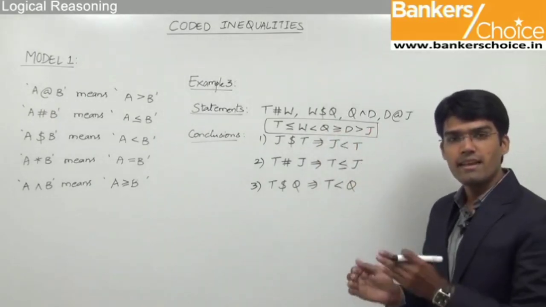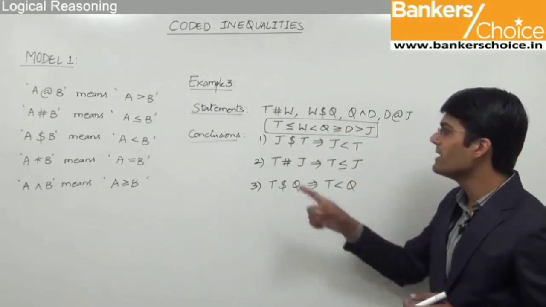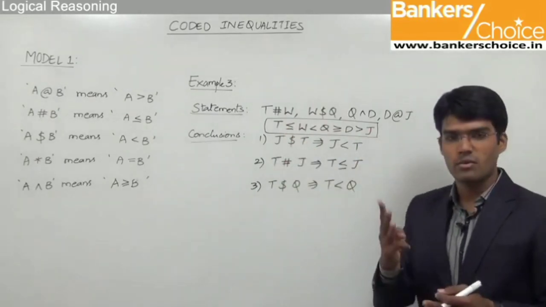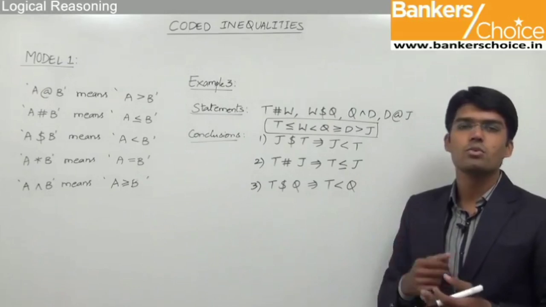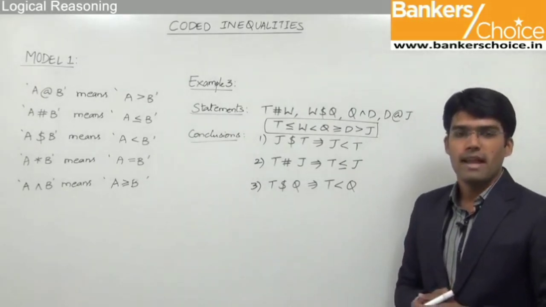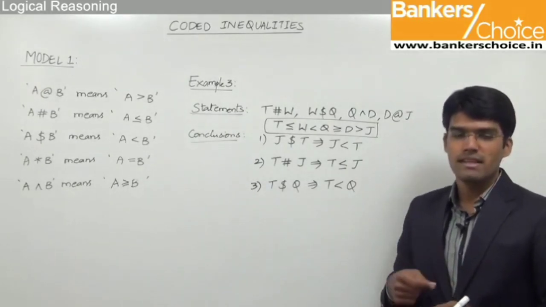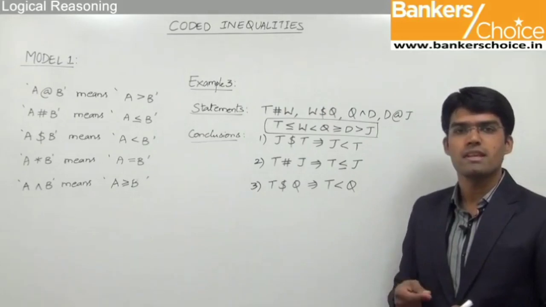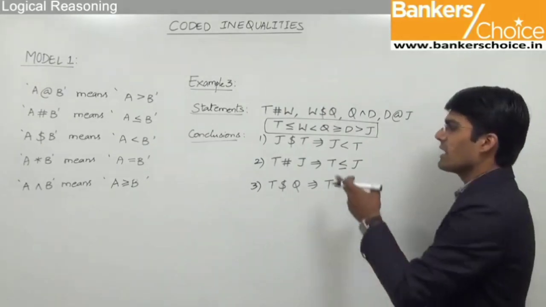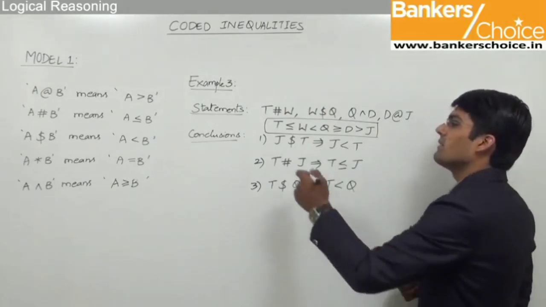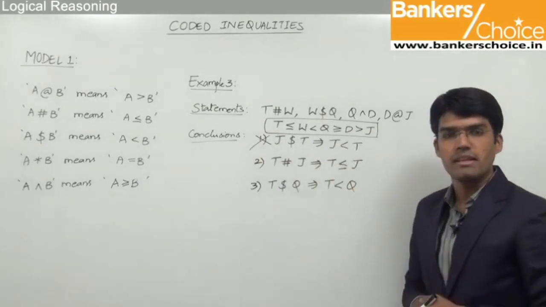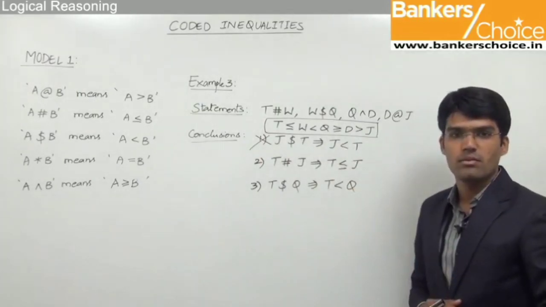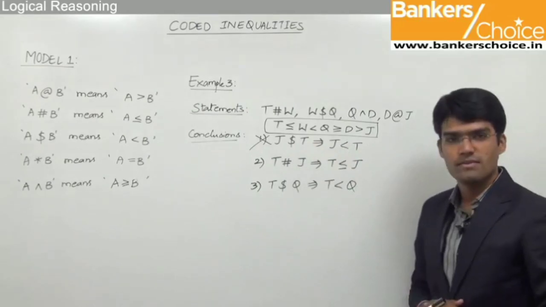That means very clearly we have got dissimilar inequalities between T and J. And from rule number 3, we know that whenever we find dissimilar inequalities, the 2 variables cannot be compared. And cannot be compared here again means T can be less than J, can be more than J, or can be equal to J. So the conclusion number 1 here is false, as it only says J is less than T, but J can be greater than T or it can also be equal to T.